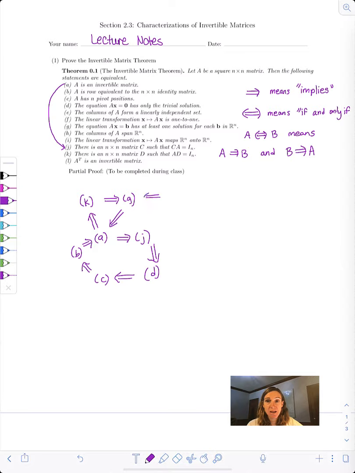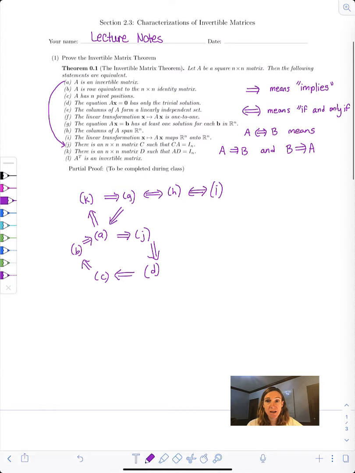We have G if and only if H, if and only if I. And so the if and only if means you can go both directions. Again, if you know I, then you know H, then you know G, then you know A, and then you can get to K or to anything else.